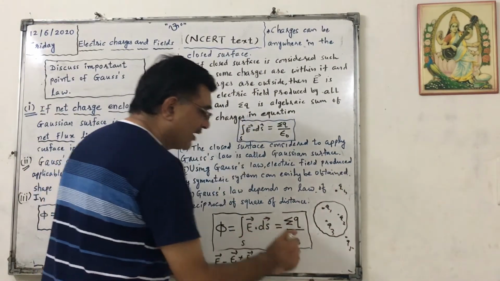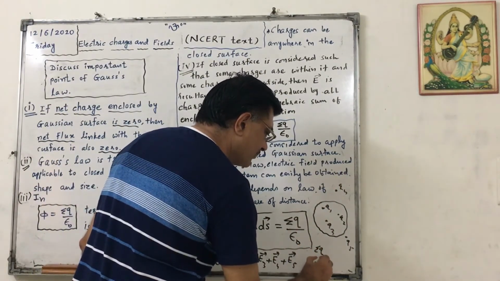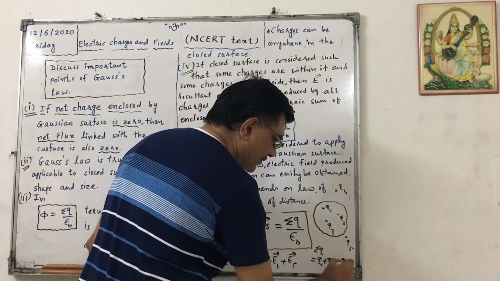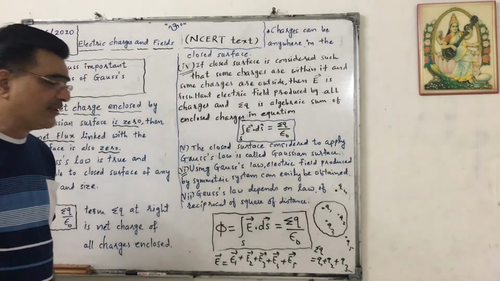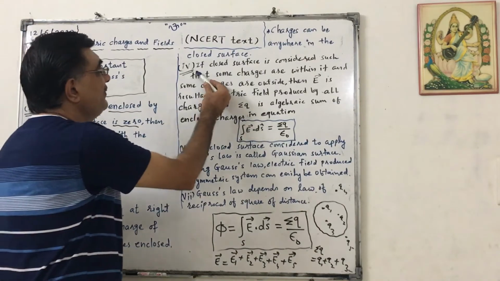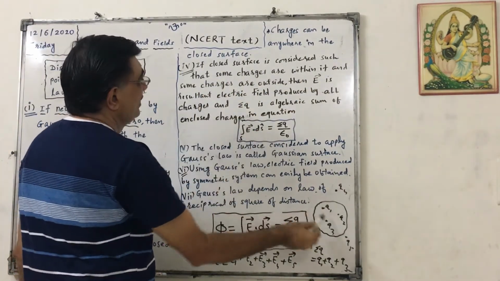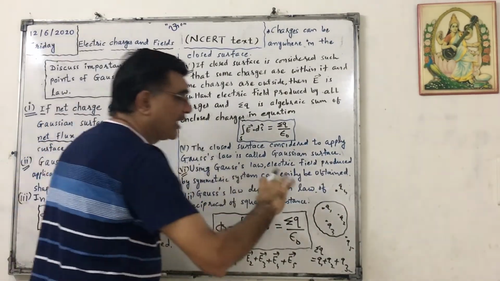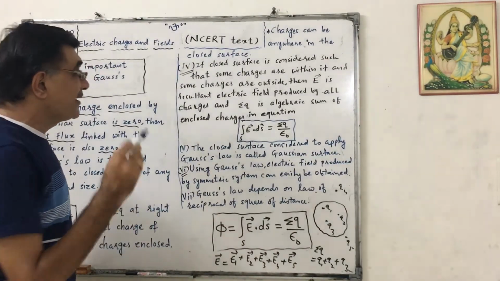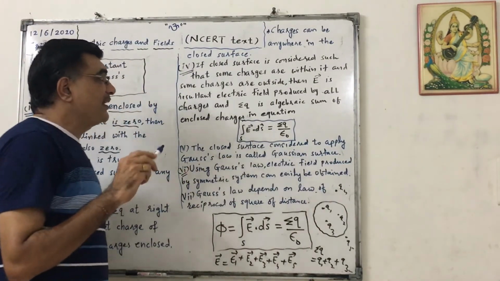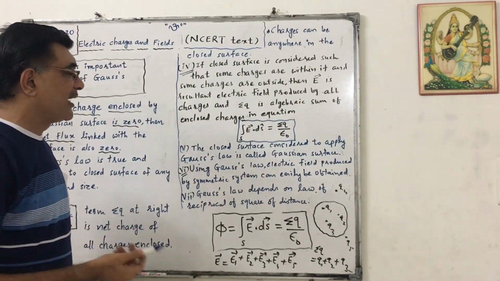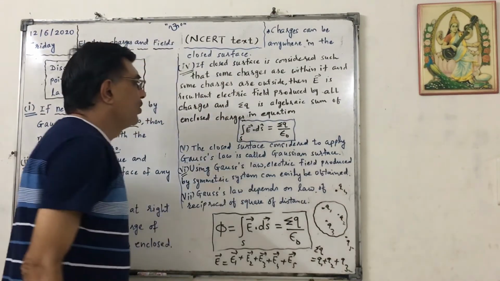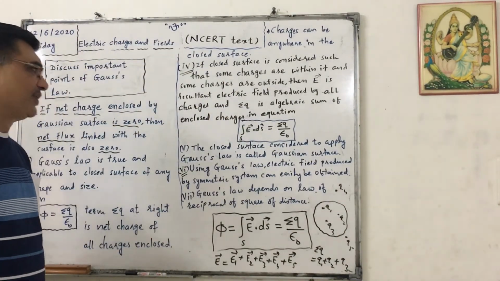But for sigma q, we have to find just the net charge of q1 plus q2 plus q3, that is the algebraic sum of these enclosed charges. So vector E is the resultant electric field produced by all charges, and sigma q is the algebraic sum of enclosed charges in this equation.